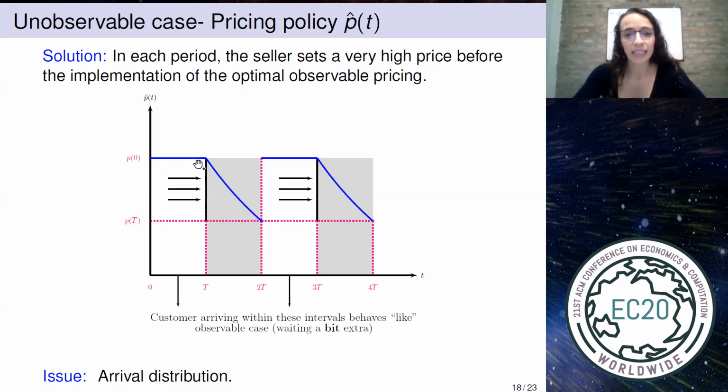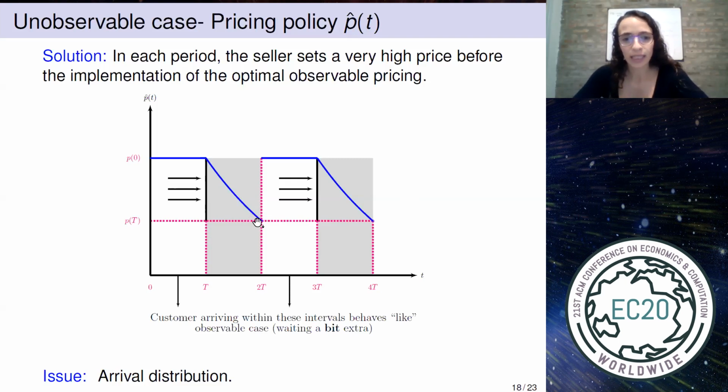So this is the idea, but now we have another problem. And the problem is the arrival distribution of the buyer, because the arrival distribution is arbitrary, and then we can have a distribution with a lot of mass at these points where the price is too low. So to overcome this problem, what we do is to take this pricing policy and randomize it by doing a random shift.